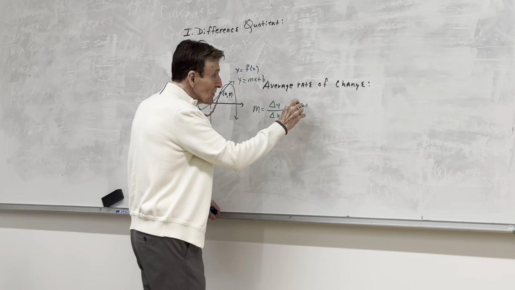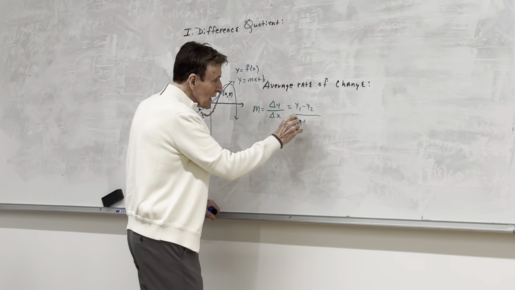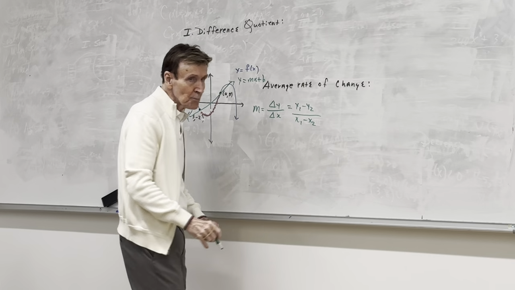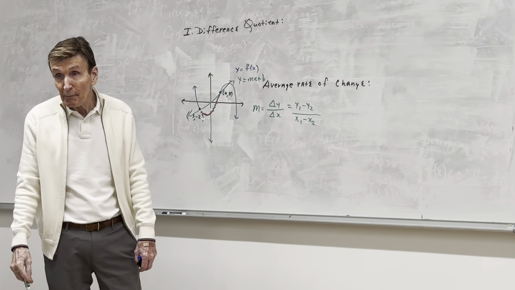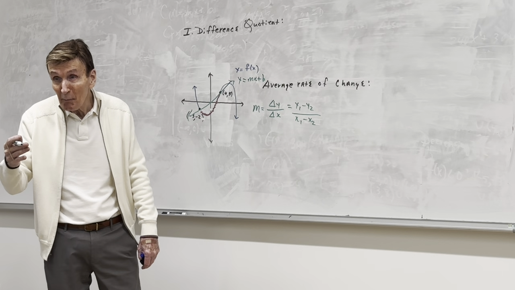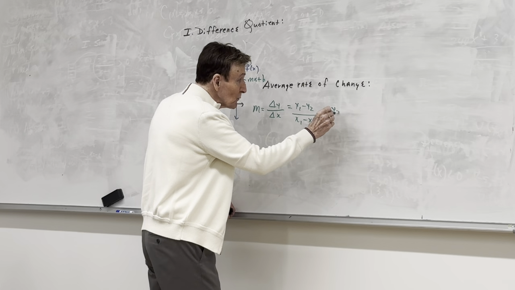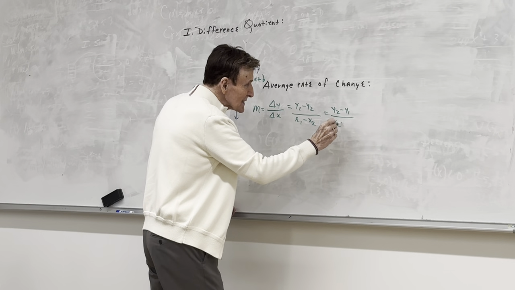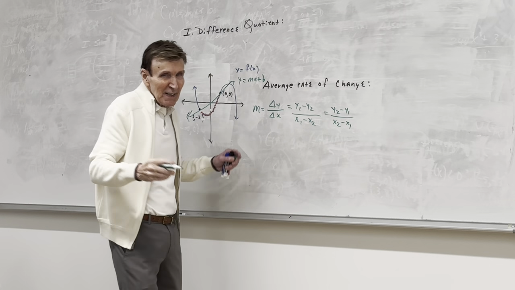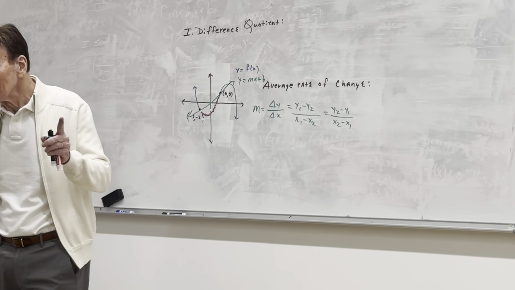Change in y, written like that. And change in x was written like this. And then some students have been upset with me in previous semesters, saying, no, my teacher showed me this, Professor. They wrote it like this. Change in y in this order, and change in x in that order. It makes no difference. You'll get the same answer.